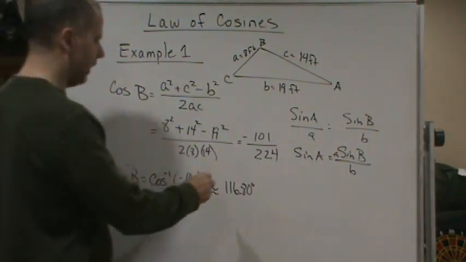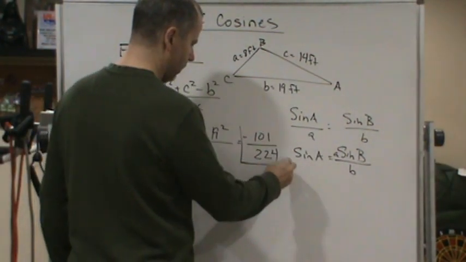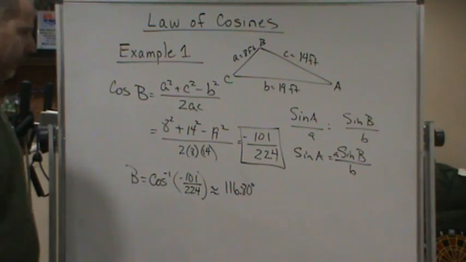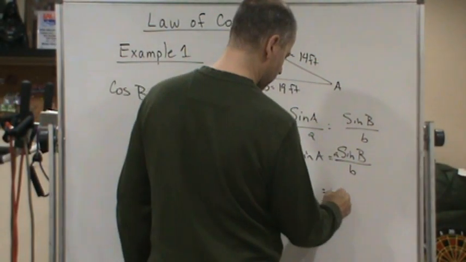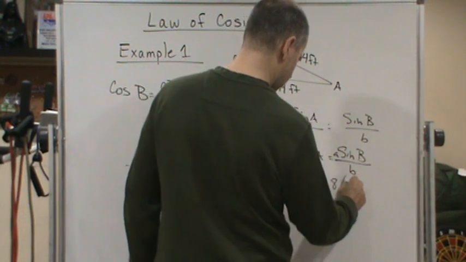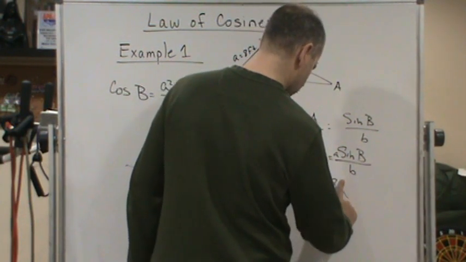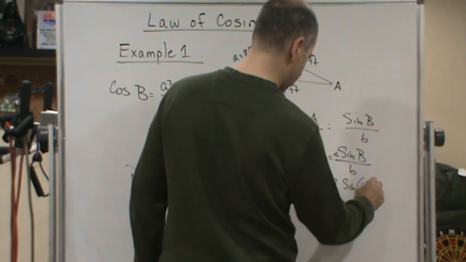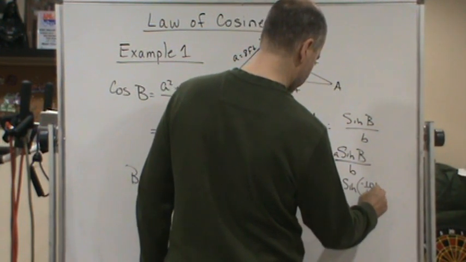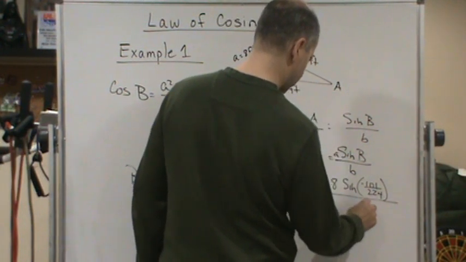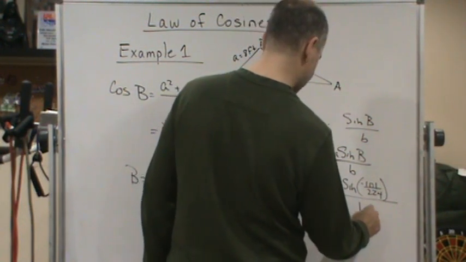Now we could go ahead and put in negative 101 over 224 again. We could just say this is equal to a, which is 8, times the sine of negative 101 over 224, all divided by b, which is 19.